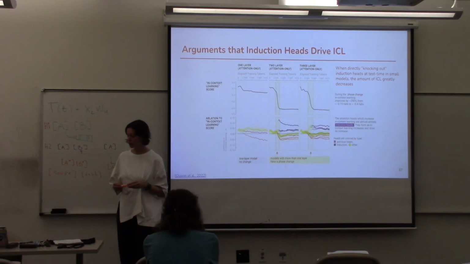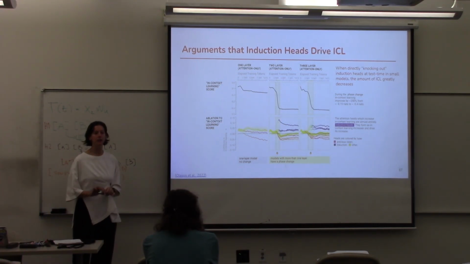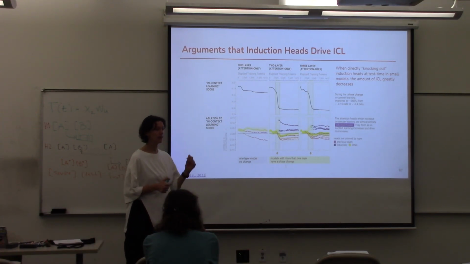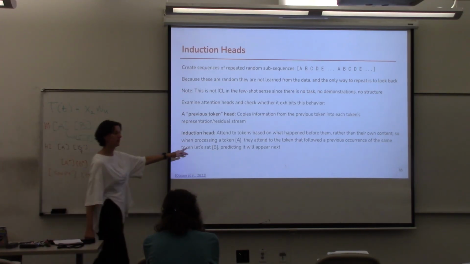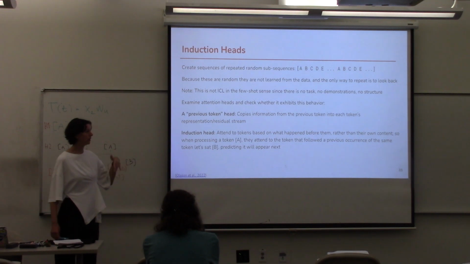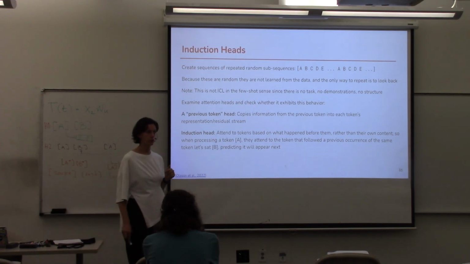I won't go over all of them. And this is the reason why this work by Olsson et al. has been very commonly cited as evidence for induction heads, which are defined as attention heads that attend to a token based on what happened before it, rather than its own content, and then predict those previous tokens as the next token.